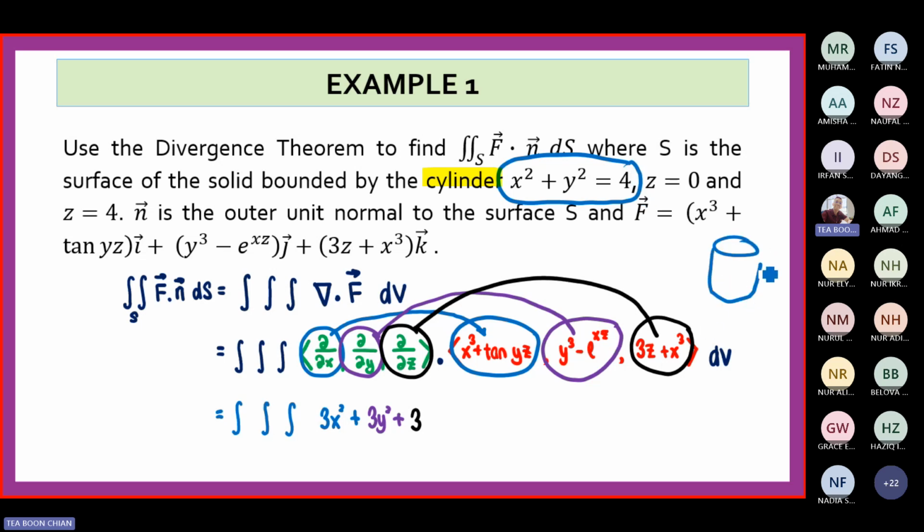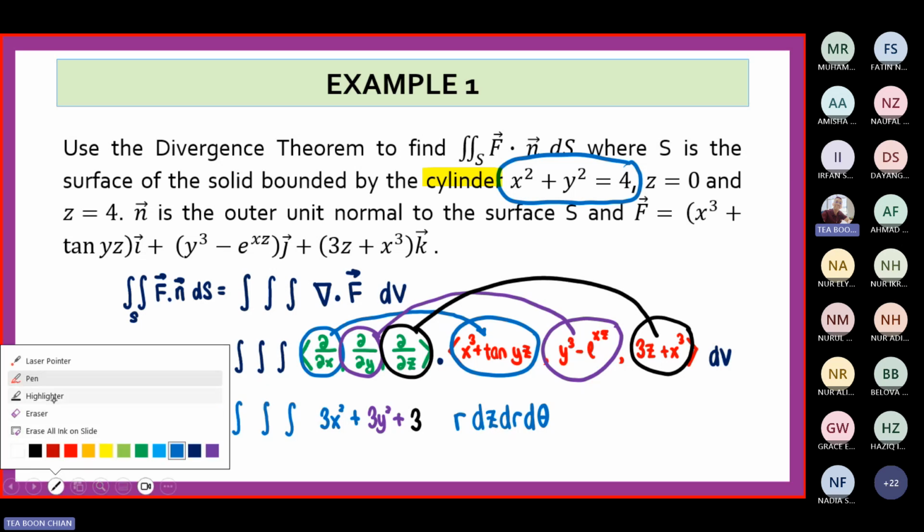Make sure you still remember. If xy forms a circle, which means z is the vertical axis that is not changed, and therefore we have r dz dr d theta. All right, z is the vertical line, never changing.